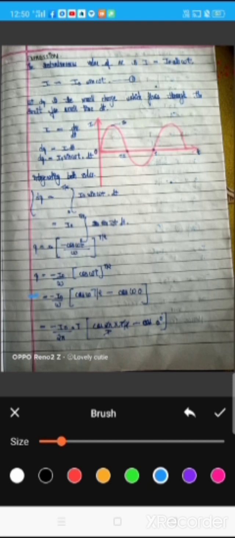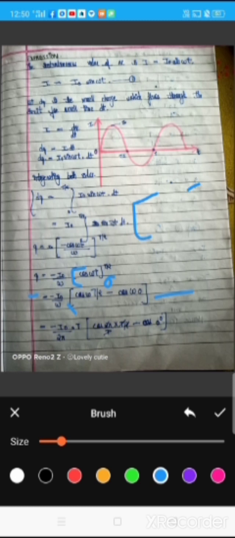So q is equal to minus I naught upon omega, bracket cos omega t, from 0 to T by 2. The minus we took out, that's why inside we are not putting the minus sign.